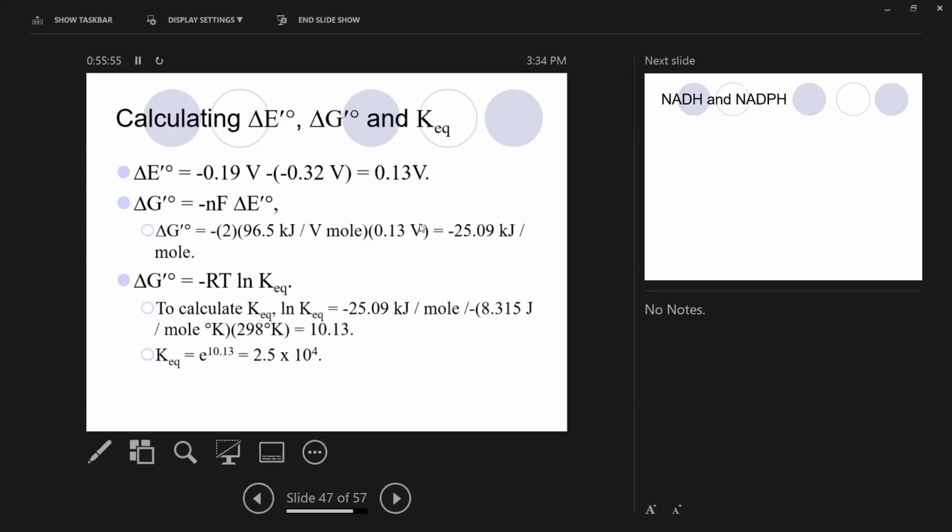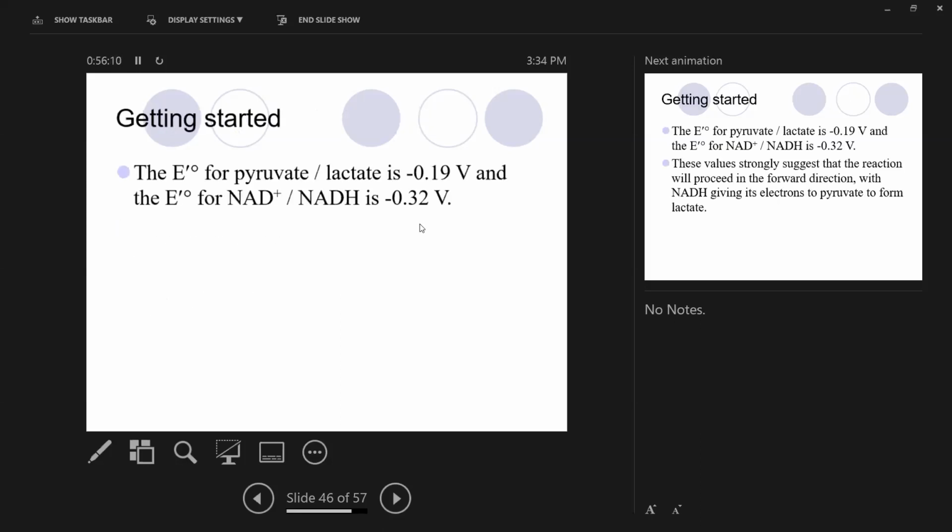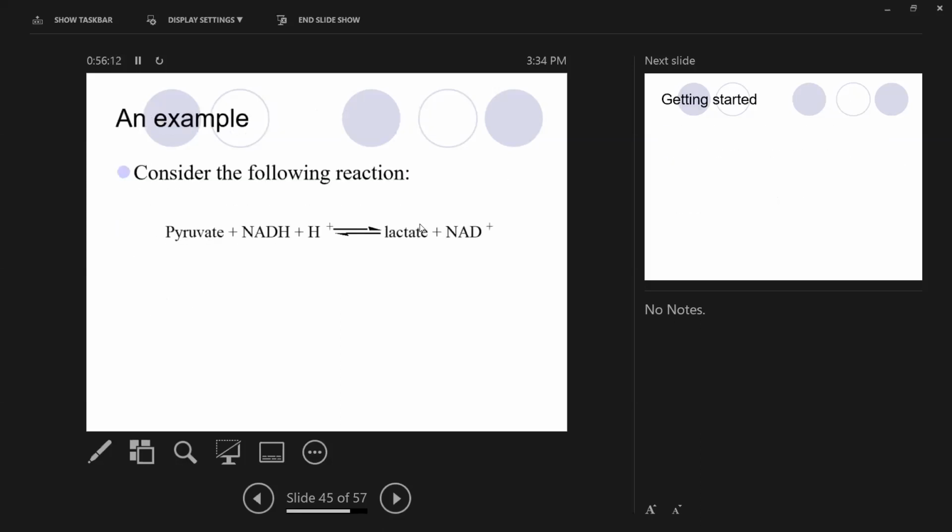The way it is written on the slide, 2 NAD plus 8, I suppose because there's 2 hydrogens. I was just looking to see where the 2 electrons transfer from. Yeah, NAD just carries 1 hydrogen. It carries 2 electrons as a hydride, and the other proton goes in solution. That's why there's 2.